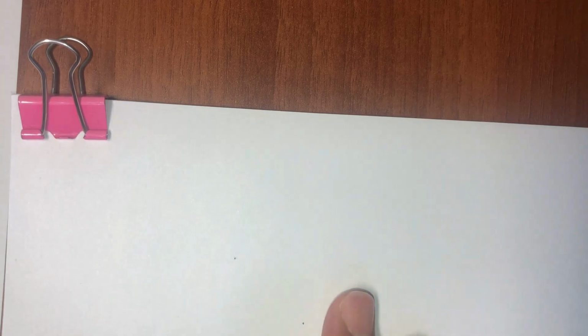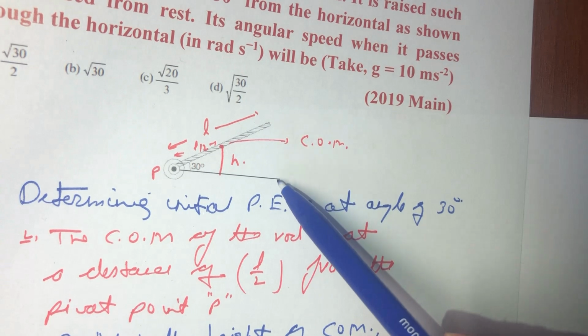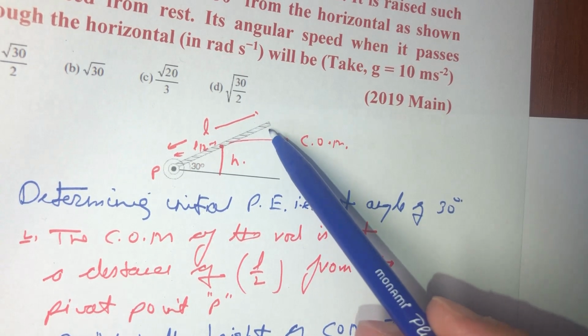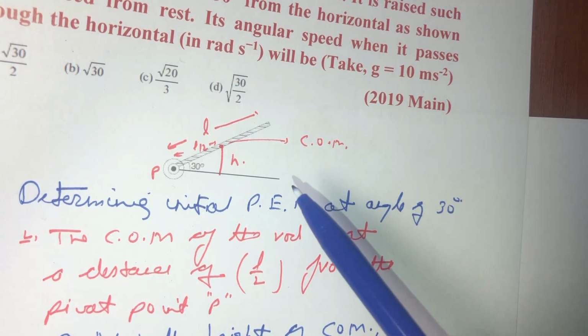And as the rod is going to pass through the horizontal position, all the initial potential energy will be converted into kinetic energy, and in this case the kinetic energy will be rotational kinetic energy.